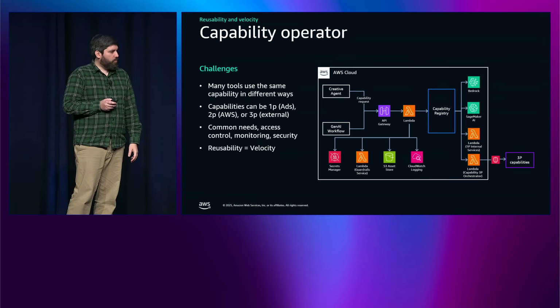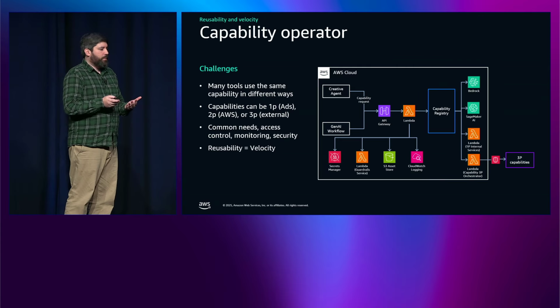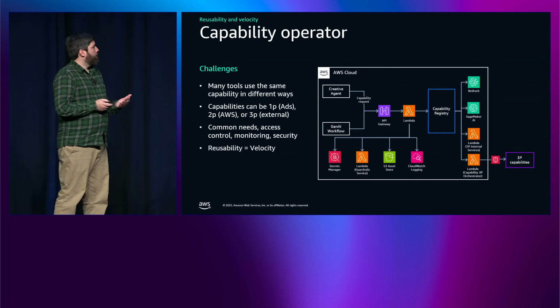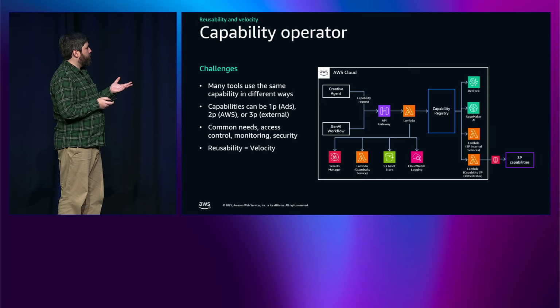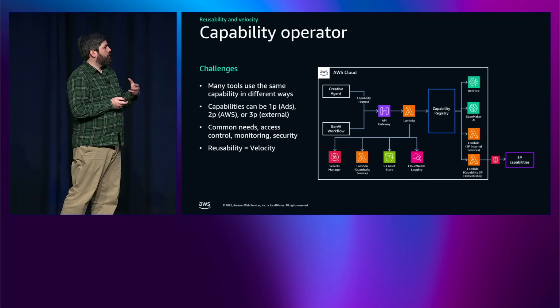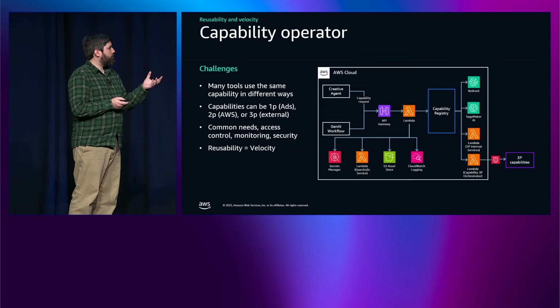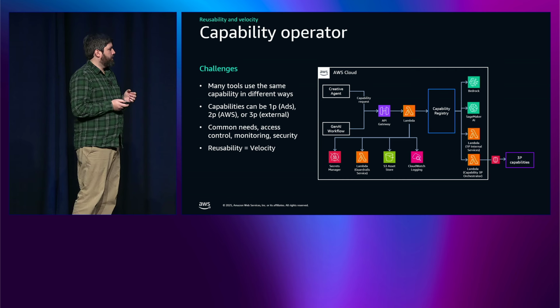So the challenge that we have is how do we make these tools and capabilities available to everyone? So we created a very simple component, the capability operator, and every capability that gets registered by a team will flow into this component that orchestrates the traffic and routes it across the different components.